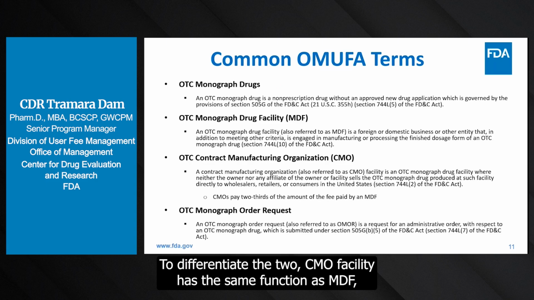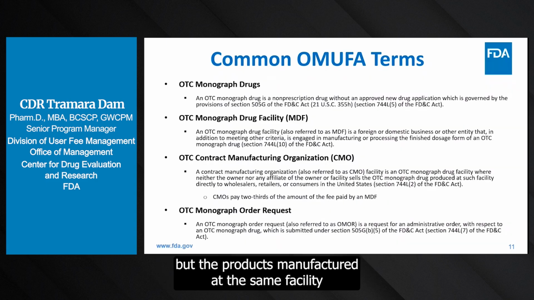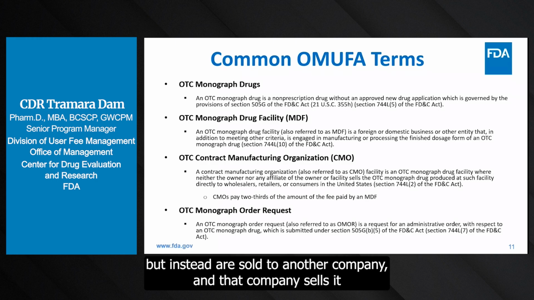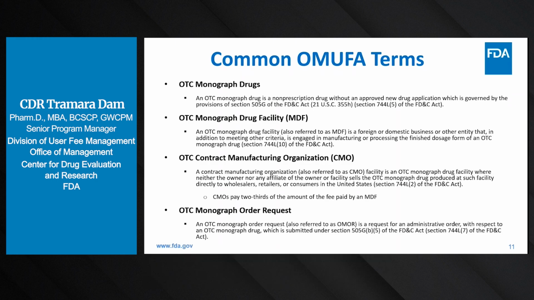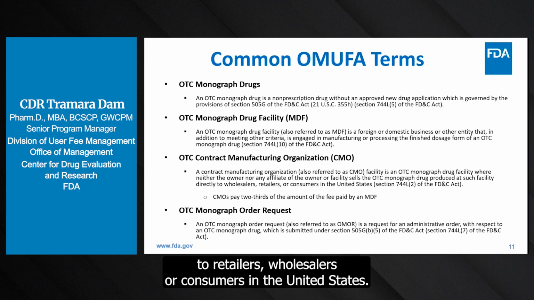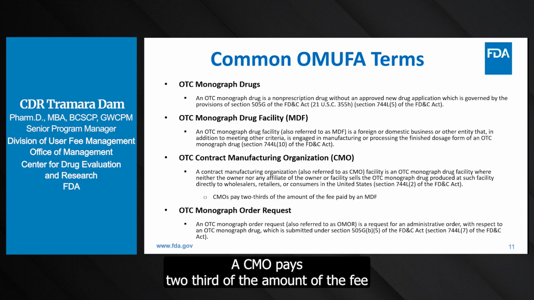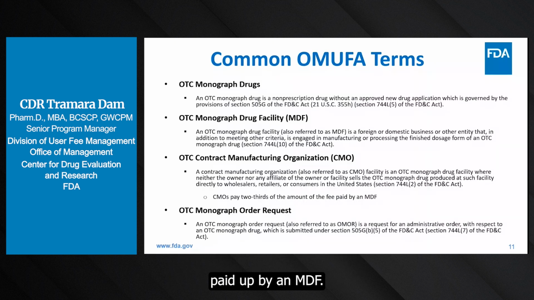To differentiate the two, a CMO facility has the same function as an MDF, but the products manufactured at the CMO facility are not directly sold to retailers or wholesalers, but instead are sold to another company, and that company sells it to retailers, wholesalers, or consumers in the United States. CMOs pay two-thirds of the amount of the fee paid by an MDF.